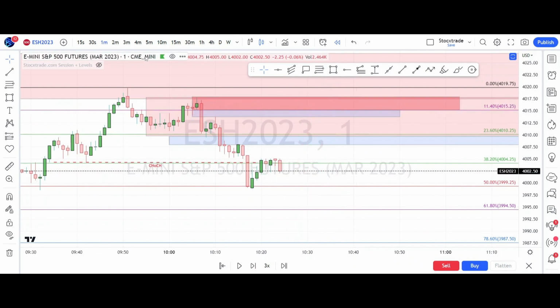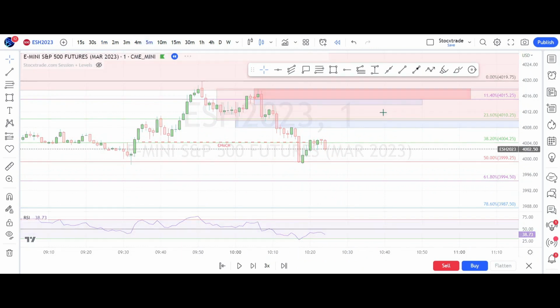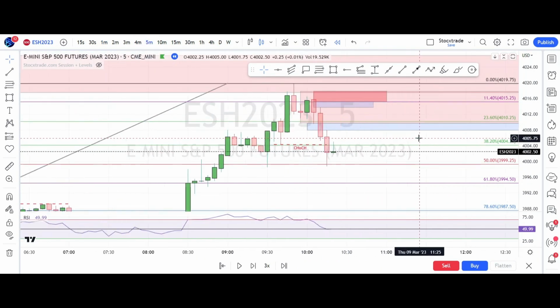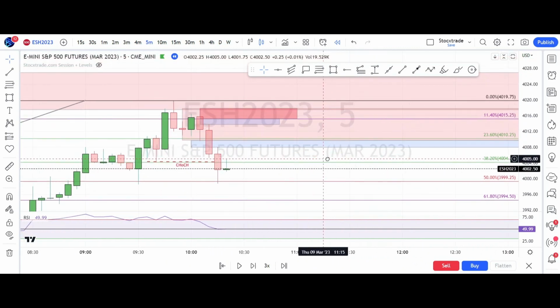Beside this, you can also switch on the RSI if it is possible, because the price is now going up, or in 5 minutes you have already marked your selling zone, and I can play around. So this is your sell area, right?